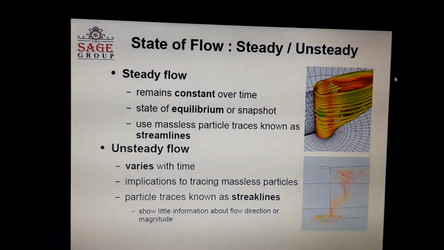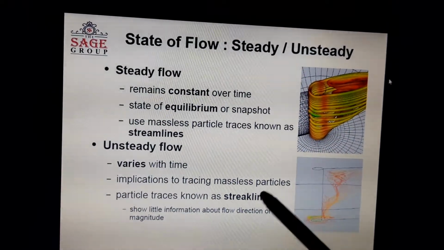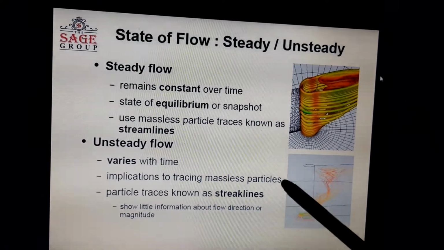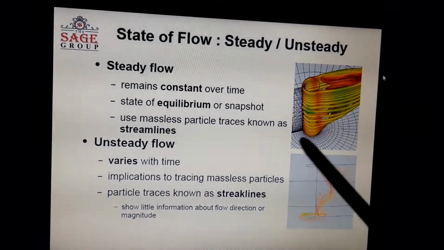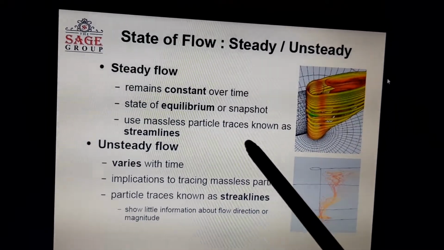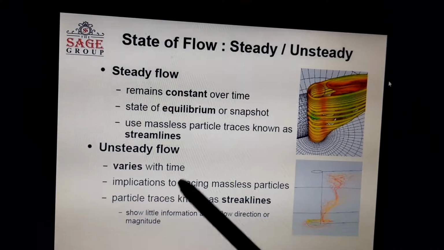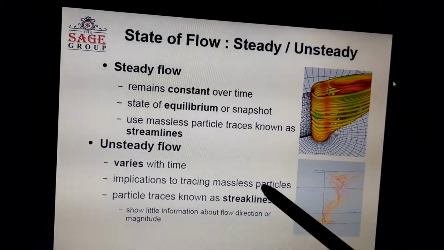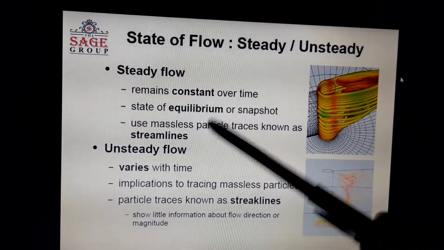As we all know, steady flow means it remains constant over time, a state of equilibrium, or we can take a snapshot. Use massless particle traces known as streamlines. Or unsteady flows, which vary with respect to time. Okay, these are the two types of flow.